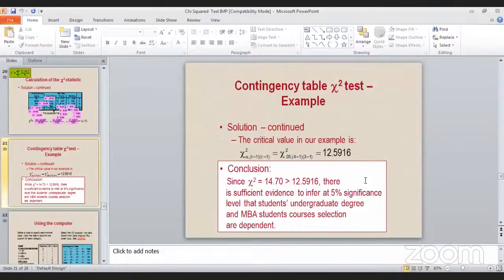As I told you earlier, your variables need not always be nominal for this purpose. Even for ordinal variables, you can use it: one variable is ordinal, the other is also ordinal. You can also use one nominal and the other ordinal. You can use this contingency table method, or test of independence or association, by using the chi-square test.